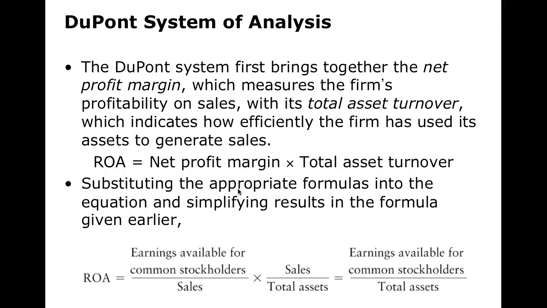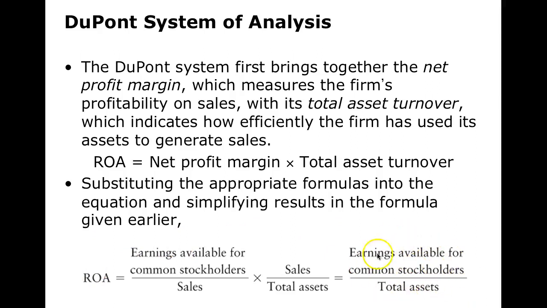The basic formula for return on assets, as we know, is net profit margin times total asset turnover. So we could calculate the return on assets by multiplying these two other ratios. The earnings divided by sales gives us our net profit margin, and sales divided by total assets gives us our total asset turnover, which equals earnings, net profits basically, divided by total assets, which gives us our return on assets.